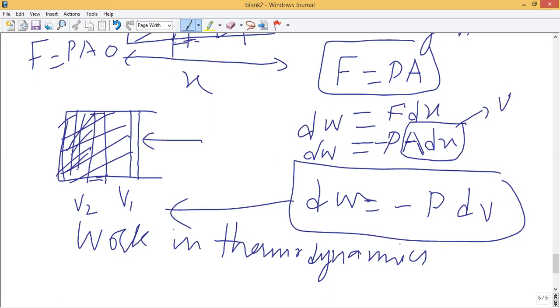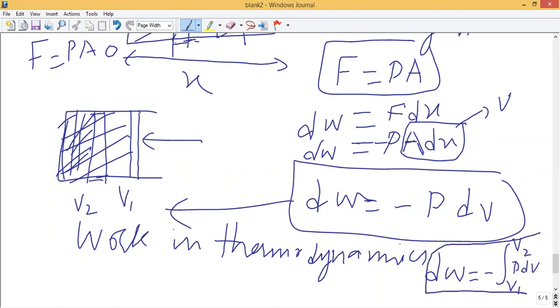So your limits, if you want to calculate the work, W will be minus integral from V1 to V2 of P dV.